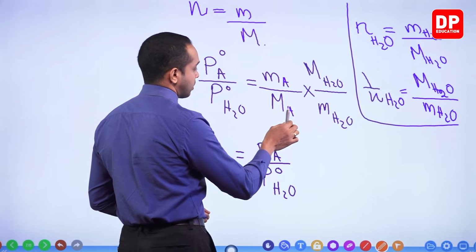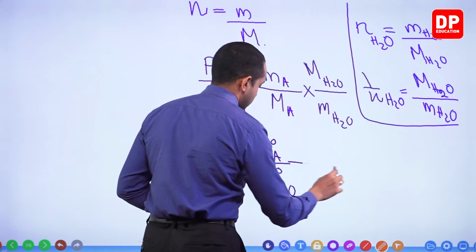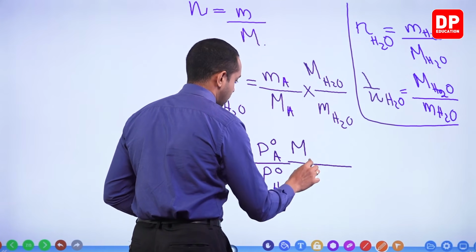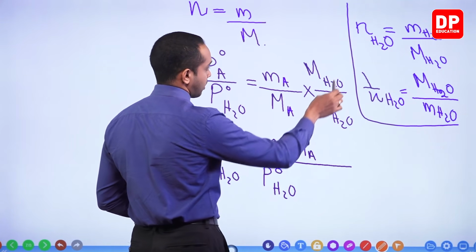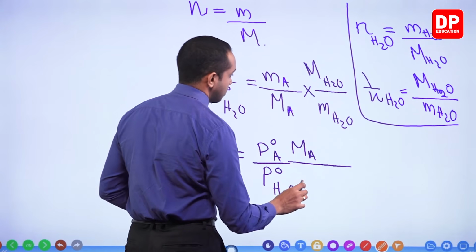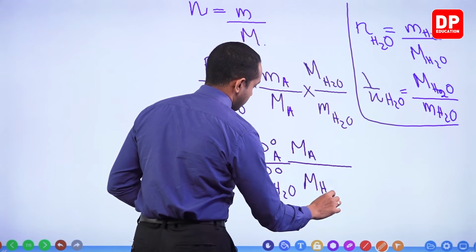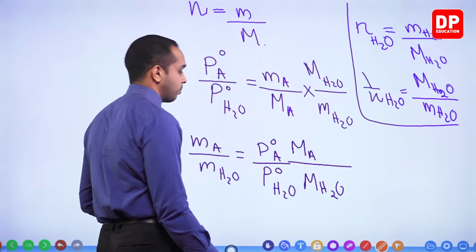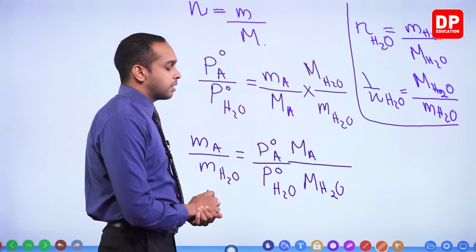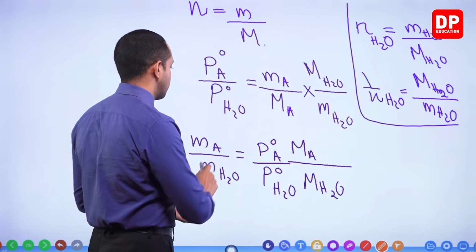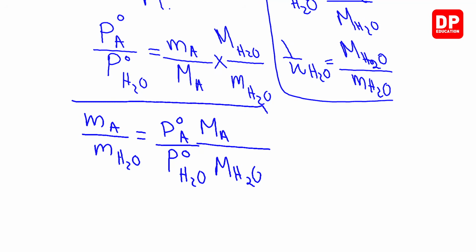And here we have to send this over here. It will be capital MA, and this has to be sent over here. So at that point it will be capital MH2O. So this is going to be the expression that you are going to obtain when you answer this question.